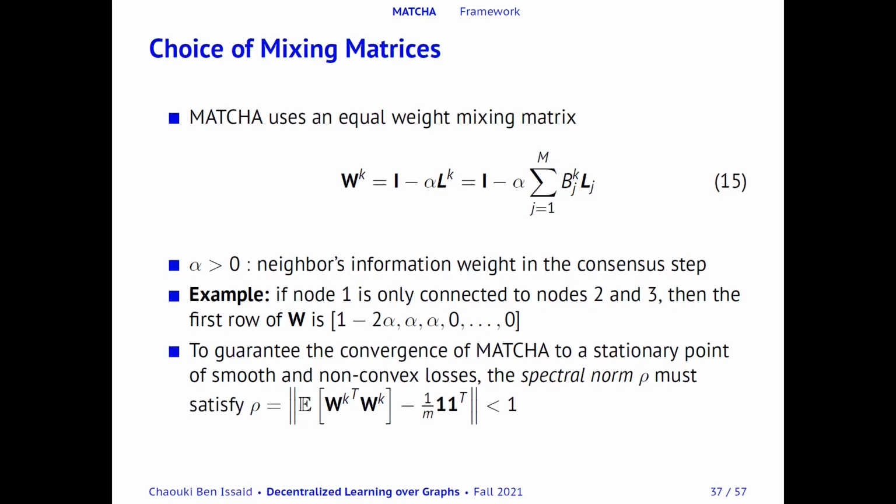It is important to note that in order to guarantee the convergence of Matcha to a stationary point of smooth and non-convex losses, the spectral norm rho is defined as follows. It's the norm of the difference between the expected value of W_k transpose W_k minus (1/m) 1 1 transpose. This spectral norm needs to be less than 1.